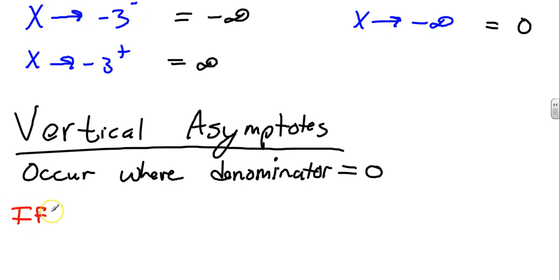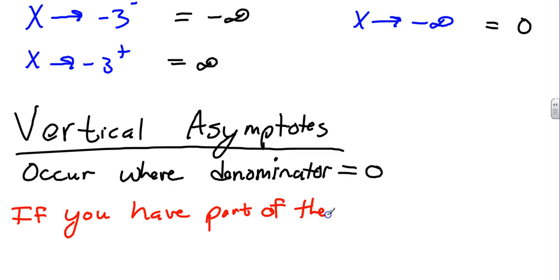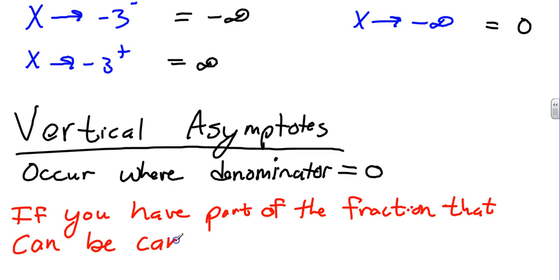This kind of ties in, but it's one of those things a little different. If you have a part of the fraction that can simplify, or let's say you could cancel it out.